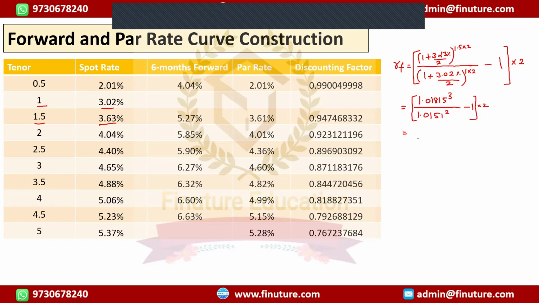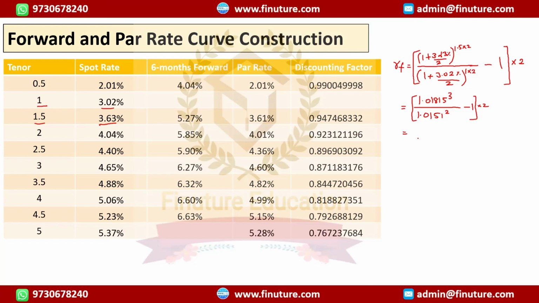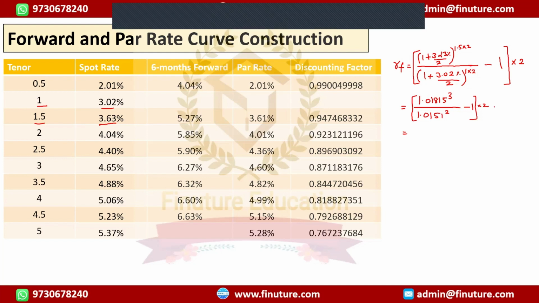1.01815 to the power 3. I'll store this in number 1, and 1.0151 squared, store that in 2, recall 1, divide by recall 2. That's somewhere around 1.02%.